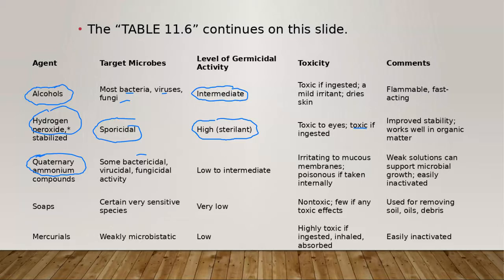They are used for bacteria, viruses, and fungi. Mostly they are low to intermediate level. Antiseptic soaps are very low level, because you use them on our body, so they have to be a low level type of germicidal. Some mercurial agents are also a low type of germicidal.